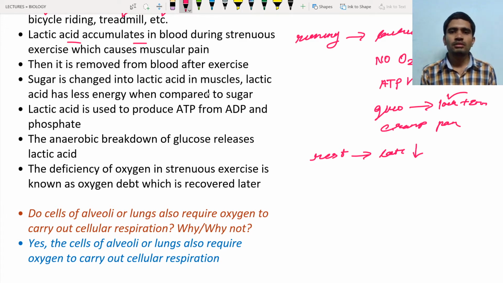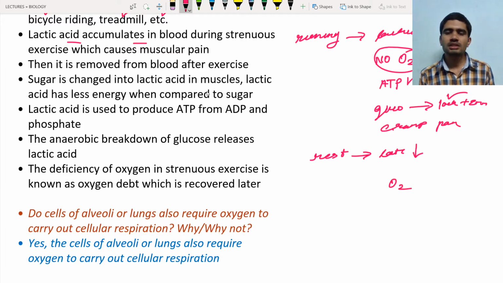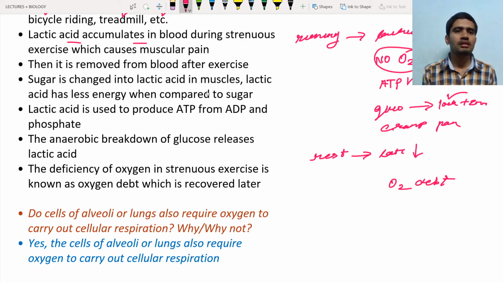During this process, previously there was less oxygen, and the oxygen will now increase, so the less oxygen will be replaced. This state of less oxygen is known as oxygen debt. What is meant by oxygen debt? Oxygen debt means a very low amount of oxygen in the muscles or in the body.